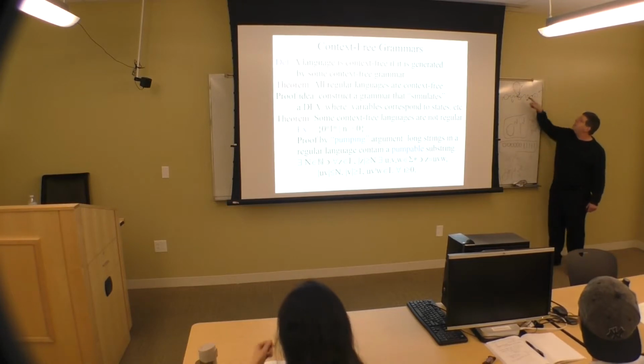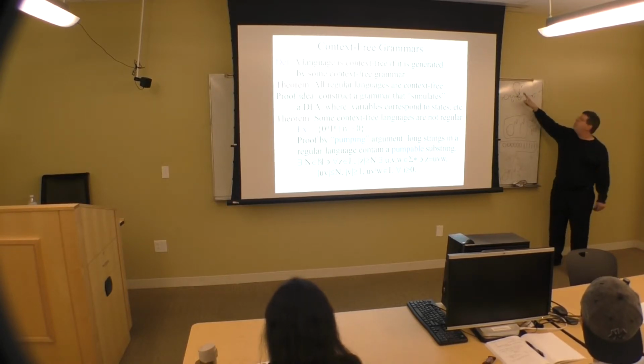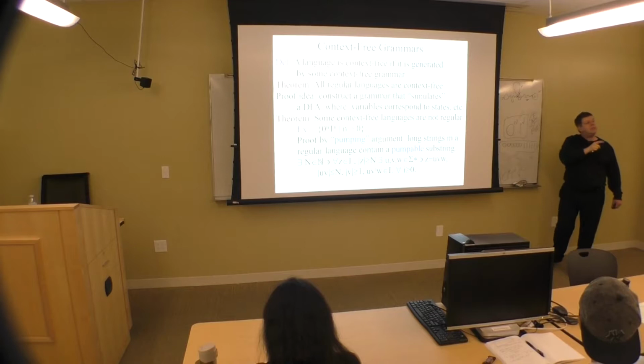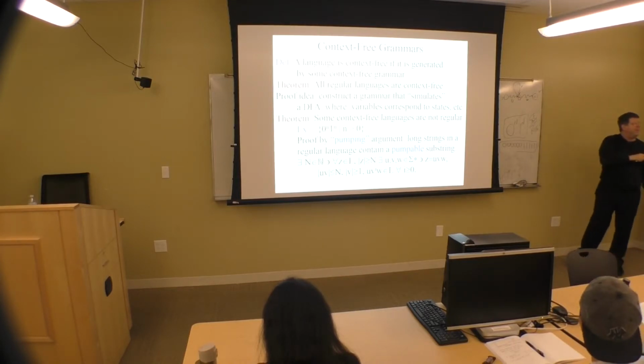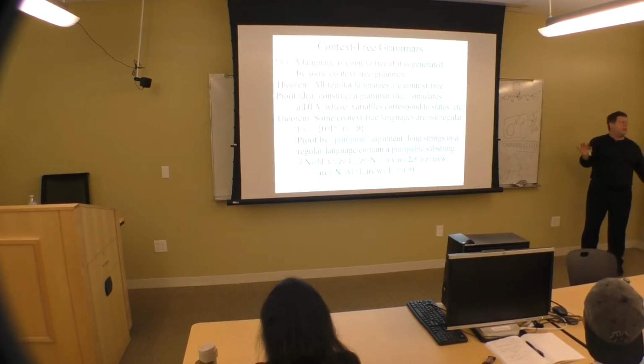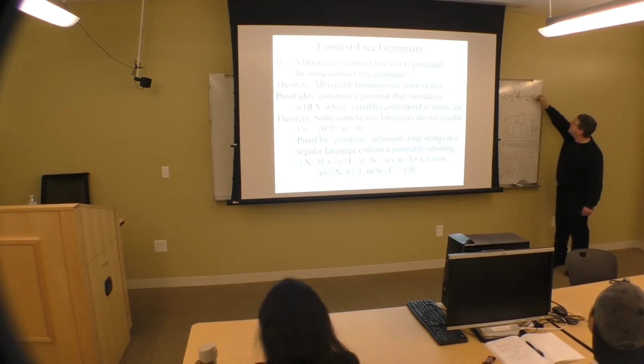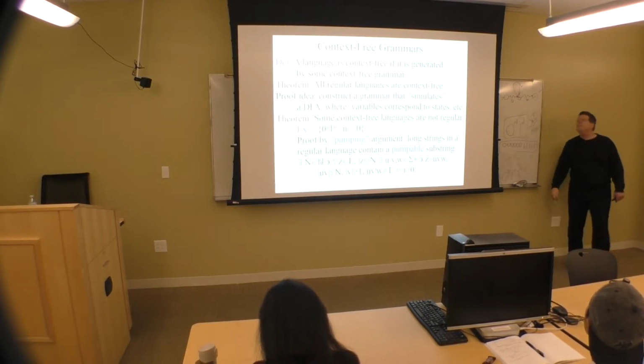I'm just labeling those strings U, V, and W. Now, bear in mind there could be lots of other cycles elsewhere. I'm just pointing out this cycle here that must exist by the pigeonhole principle. But it doesn't exclude the existence of other cycles elsewhere. I'm just going to ignore them for now.